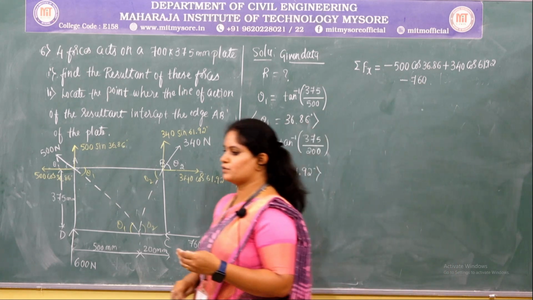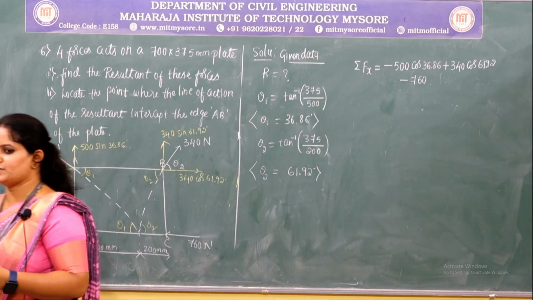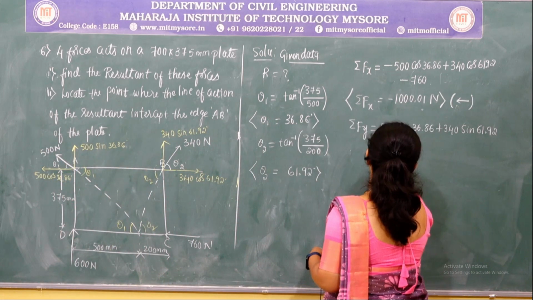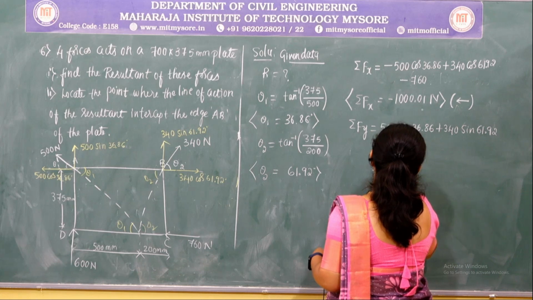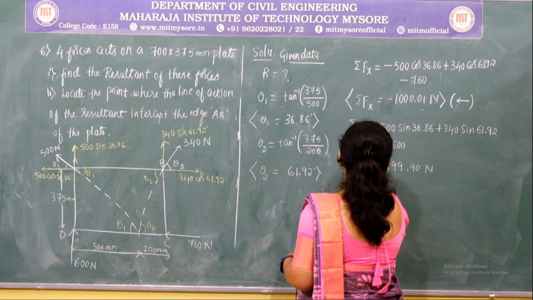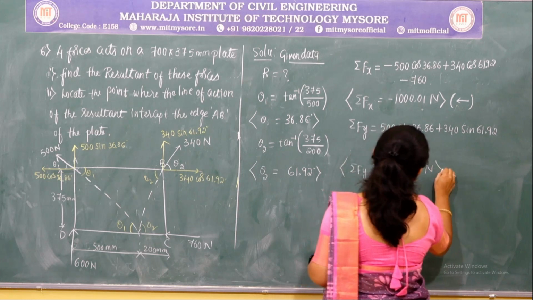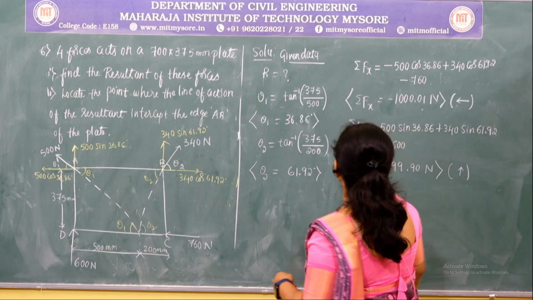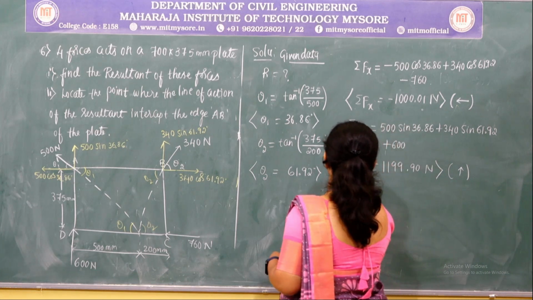Which is going to give the value of Fy as 1199.90 Newton, which is positive, that is upwards.